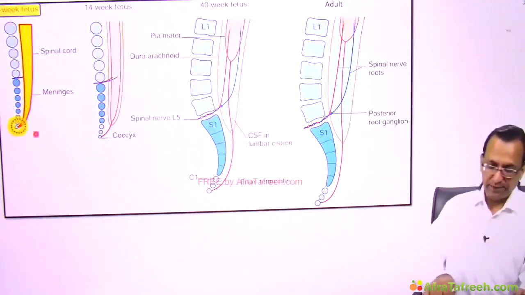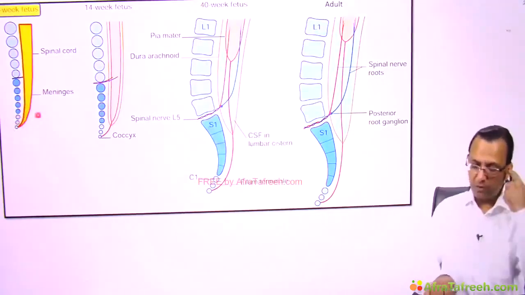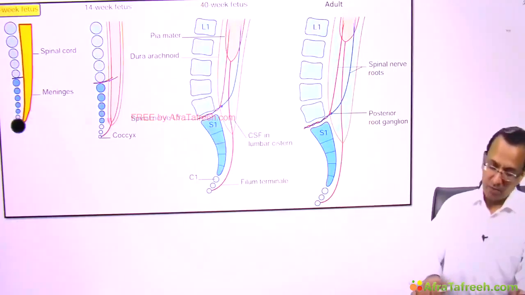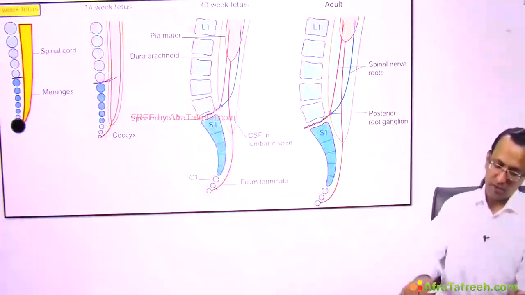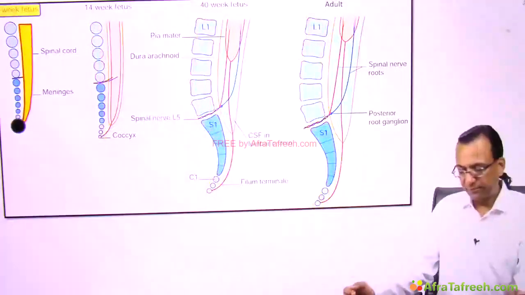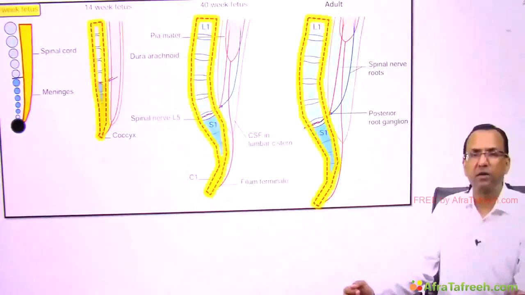What happens later? It was fused with the coccyx bone, but later the coccyx bone will go away from the spinal cord. Why will it go away? Because the vertebral column is growing longer, relatively. There is a relatively faster growth of the vertebral column compared with the spinal cord.